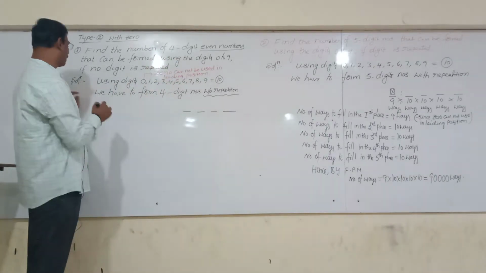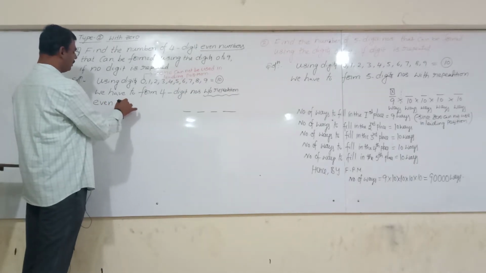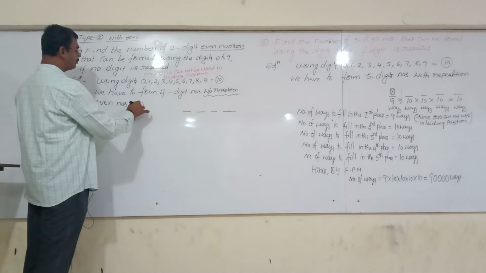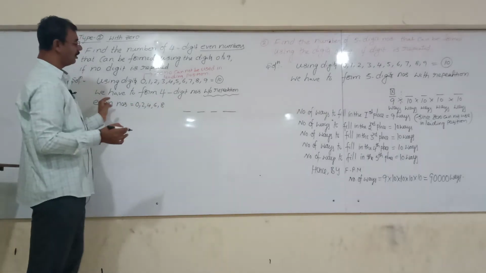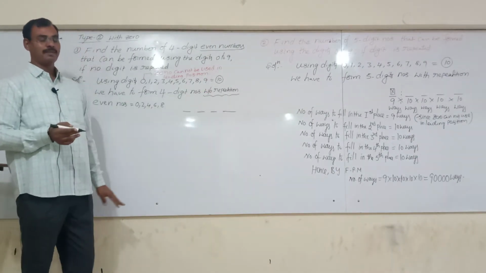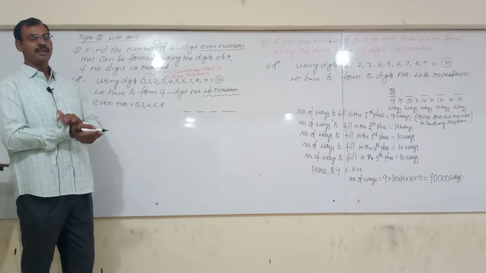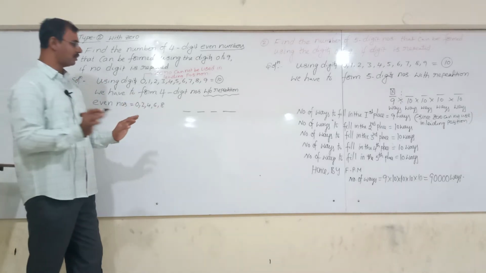So what are the even numbers here? Remember, even numbers are 0, 2, 4, 6, 8. Okay. So first I fill with 0 in the unit place, and without 0 in the unit place. I break into two cases, with 0, without 0.